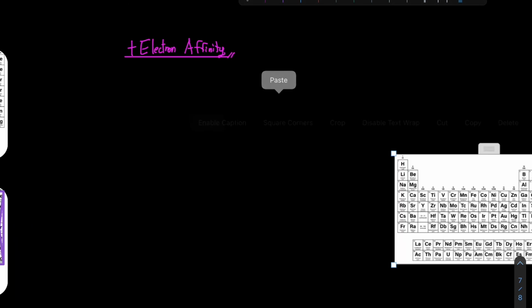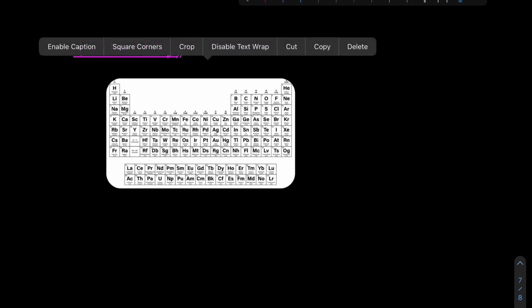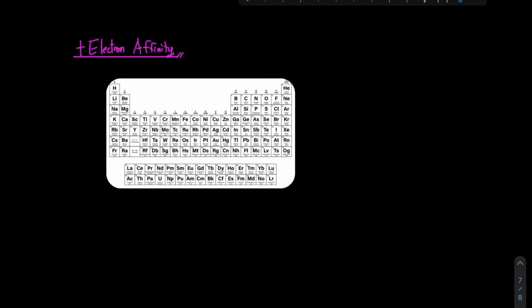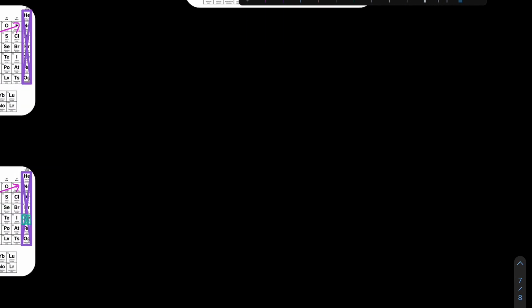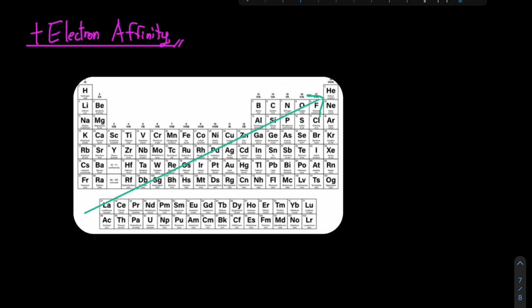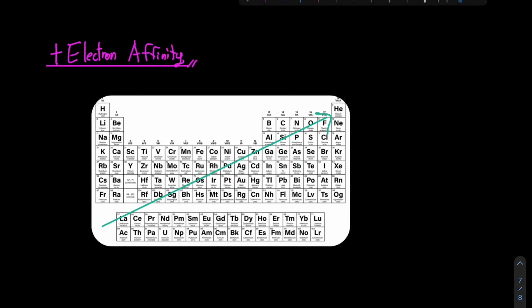And the very general periodic trend for electron affinity is similar to ionization energy and electronegativity. It goes up. The electron affinity becomes higher as atoms move towards the right and towards the top. But for electron affinity, it's slightly an exception because not all atoms work with this periodic trend.